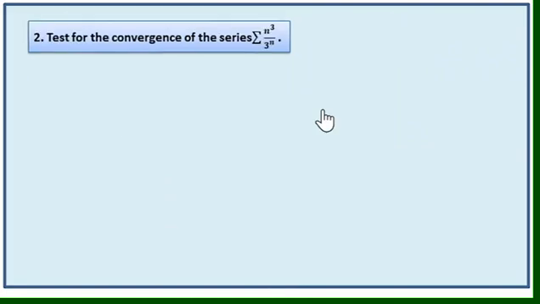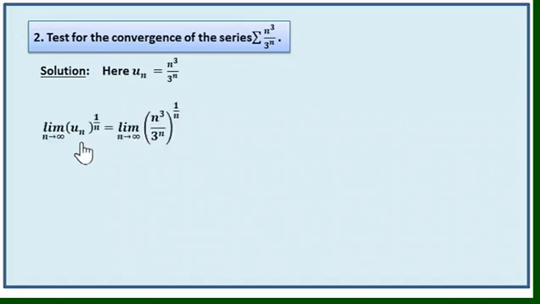Next question. Test for the convergence of the series summation n cube by 3 power n. So we have the nth term un is n cube by 3 to the power n. Find the nth root of un and then find the limit of un power 1 by n. That is, find the limit of un power 1 by n as n tends to infinity.